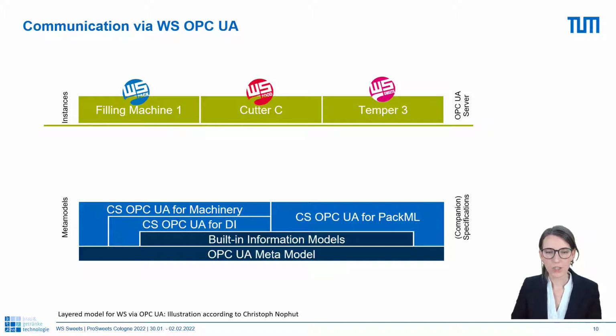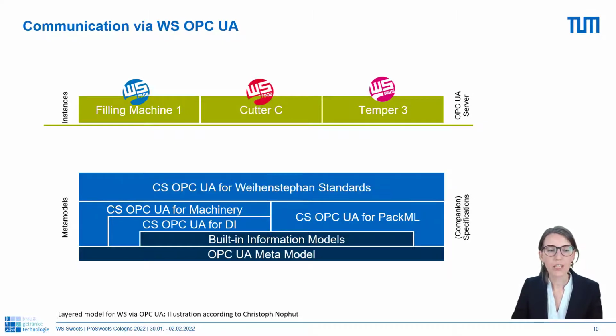On top of this, we can use already existing companion specifications, for example, the companion specifications for machinery and for devices, and also the companion specification for PackML, which we use for our state machine.